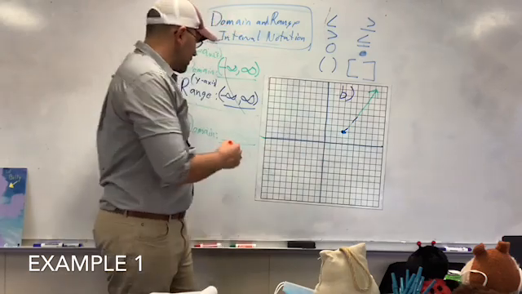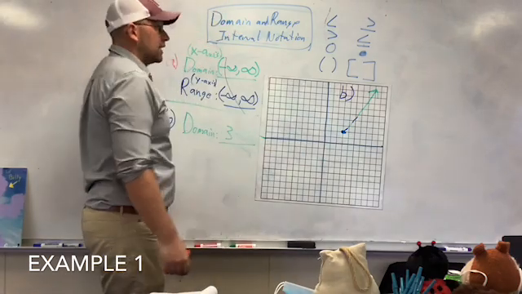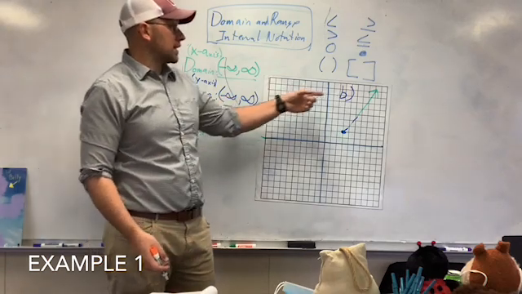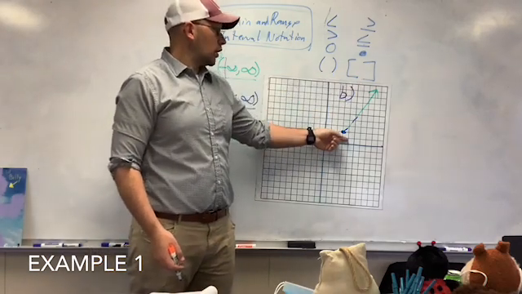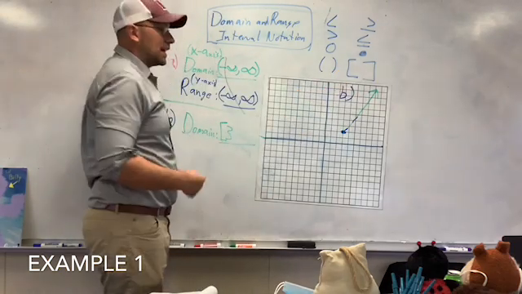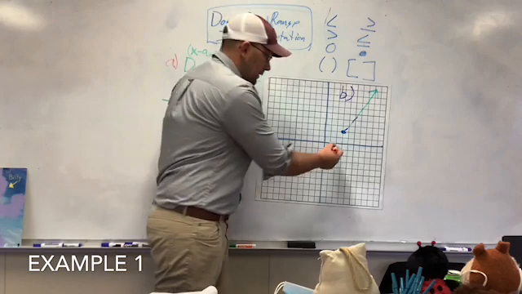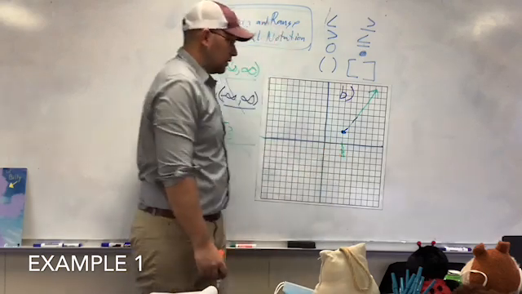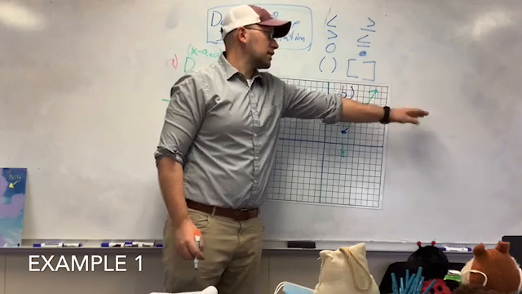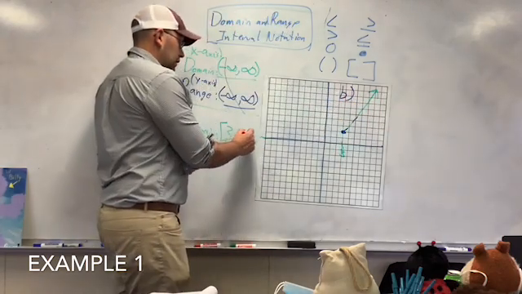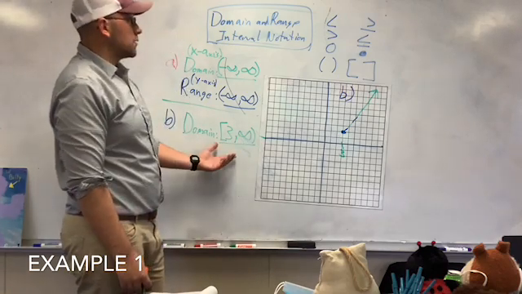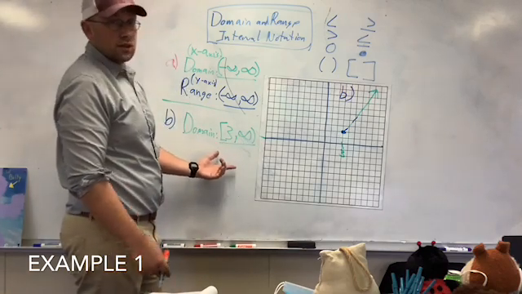So my domain starts at 3. Now what am I going to put around this? Because it has to have either a bracket or a parenthesis. It's a closed dot, so I'm going to put a bracket around it to say my domain includes 3, which is right there. Now where is it going to the right? Forever and ever it is going to positive infinity. And that is how you write your domain in interval notation.